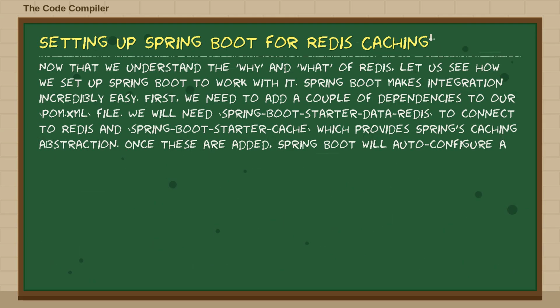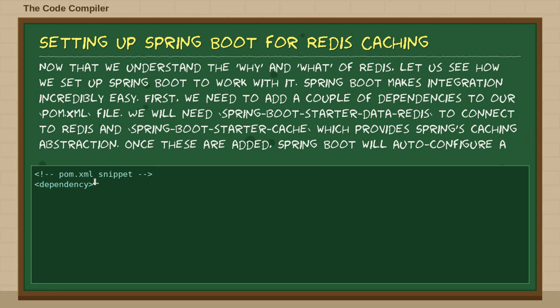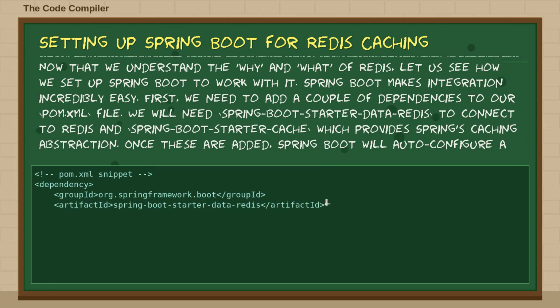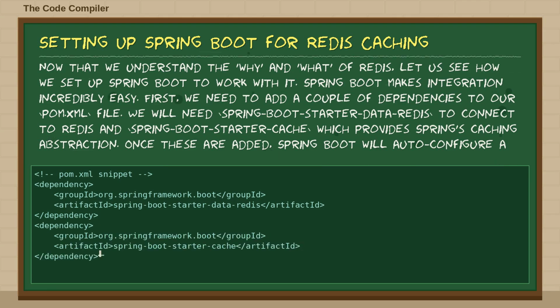Next, in our application.properties file, we tell Spring Boot where our Redis server is located. We specify the spring.redis.host and spring.redis.port. Typically, Redis runs on localhost and port 6379. With these simple steps, your Spring Boot application is ready to talk to Redis and leverage its caching capabilities. It is really that straightforward, isn't it?